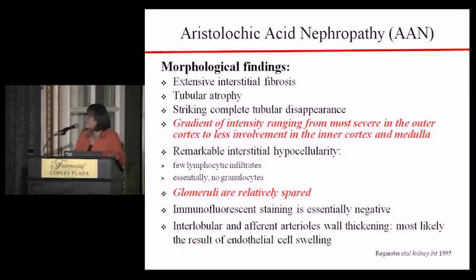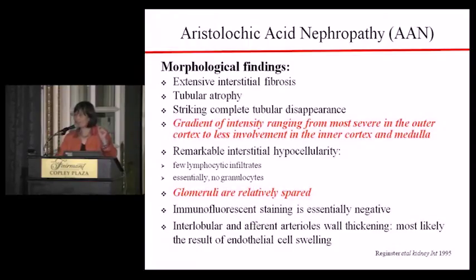Now, the unique pattern of this condition is a gradient of intensity, ranging from most severe in the outer cortex to less severe in the inner cortex and medulla. Another unique pattern is that the glomeruli are relatively spared.